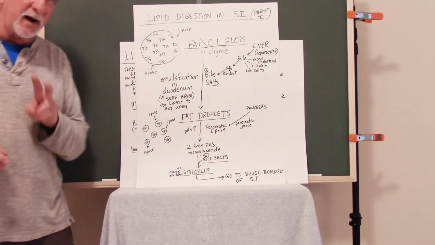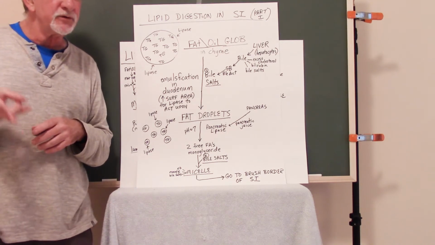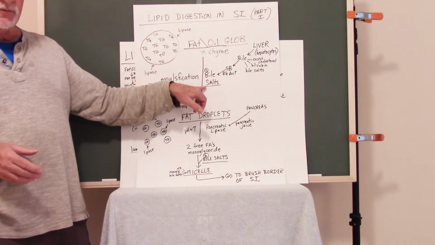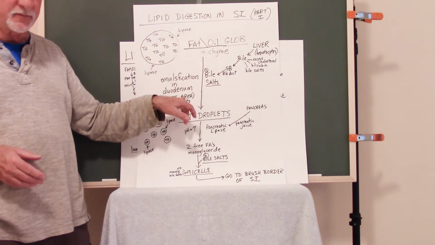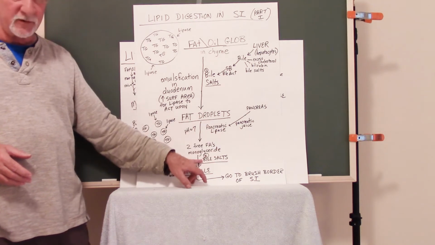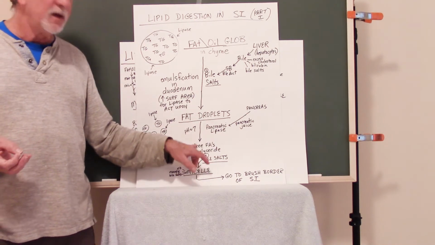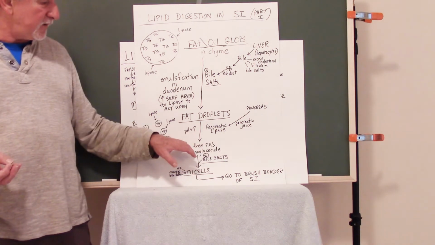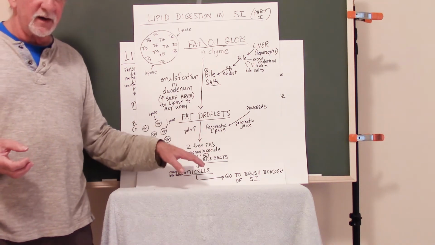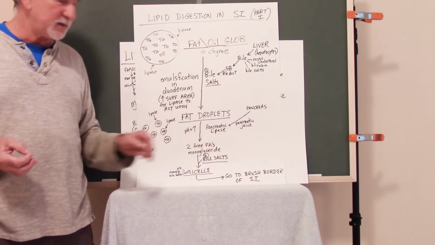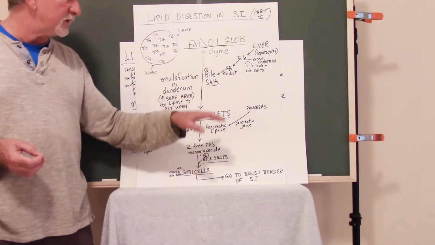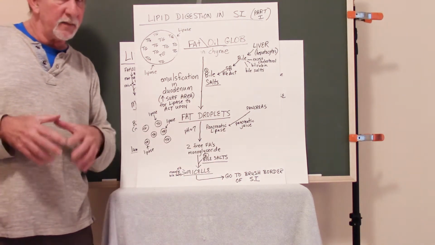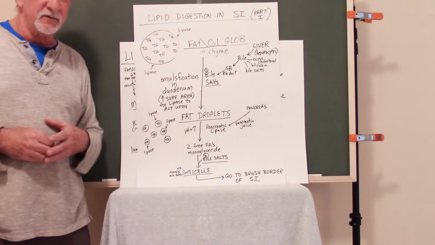Now we're going to find that bile salts have 2 functional roles to play with digestion. So this is one functional role, that's emulsification. And now here's another functional role of bile salts, the formation of micelles. So the 2 free fatty acids and the monoglycerides that result from lipase digestion then combine with bile salts to form structures or chemical structures called micelles.